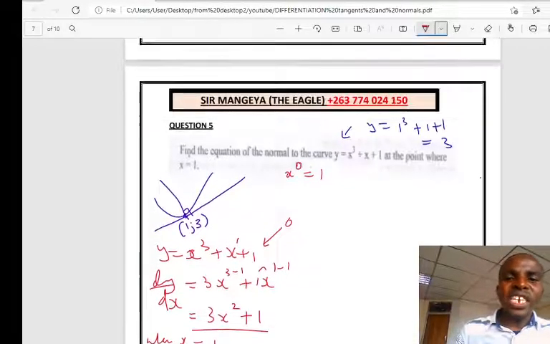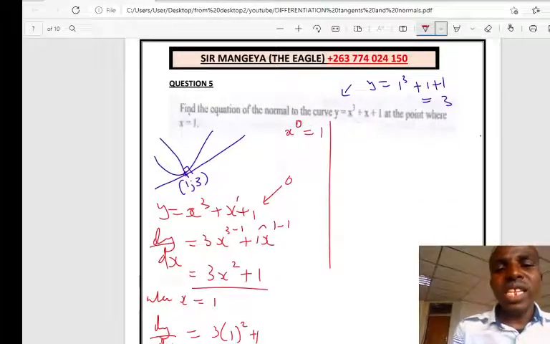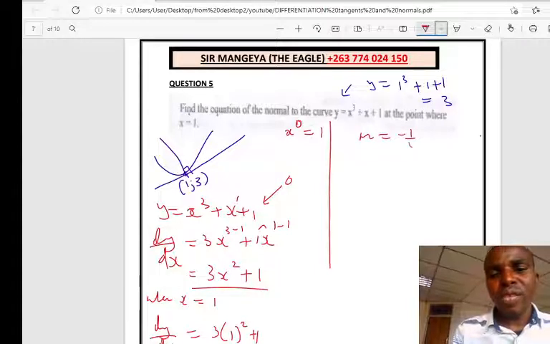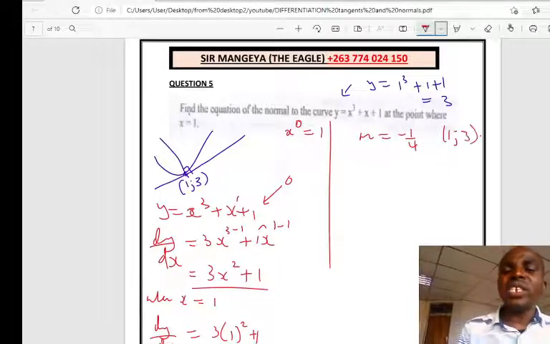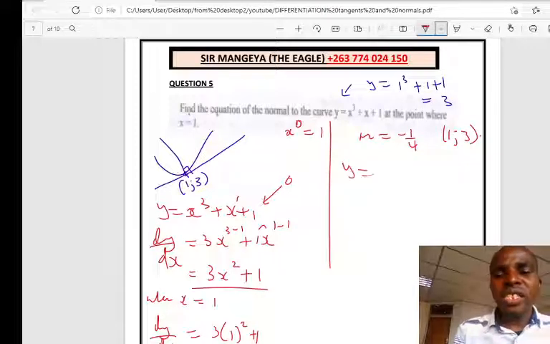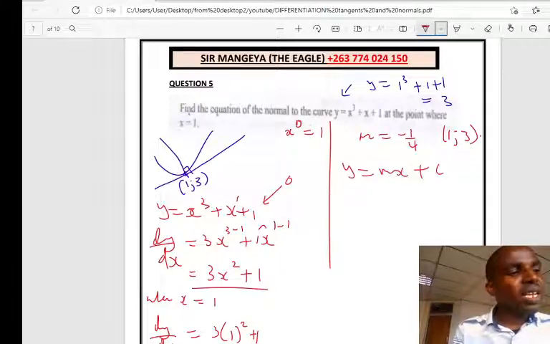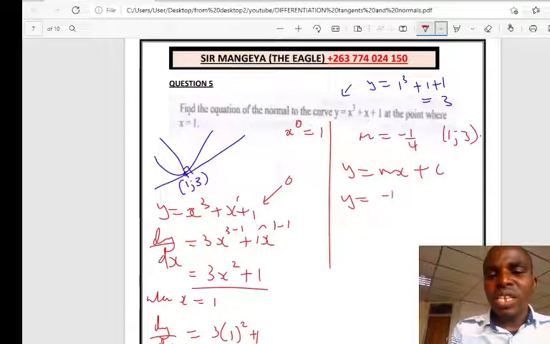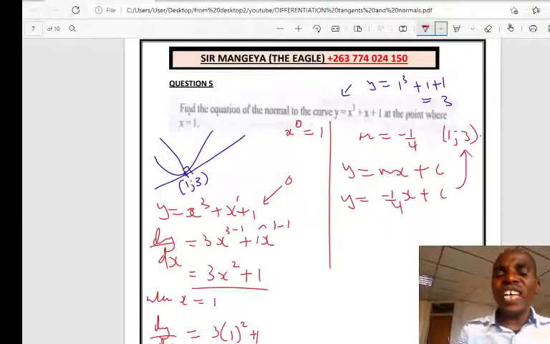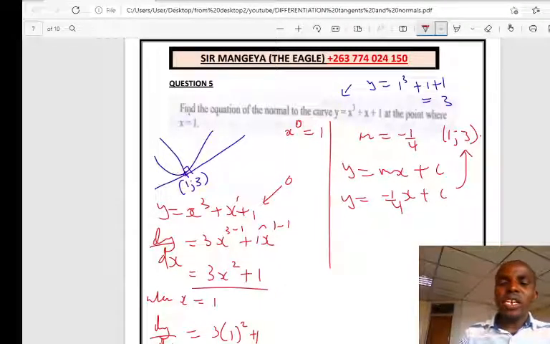We now have the gradient minus 1/4, that's m, and the point we have is 1 and 3. Then you write y is equal to mx plus c, because the normal is a straight line. It will be y is equal to minus 1/4 x plus c. Then use this point to find c. x is 1, y is 3.